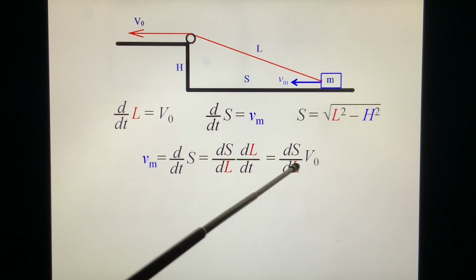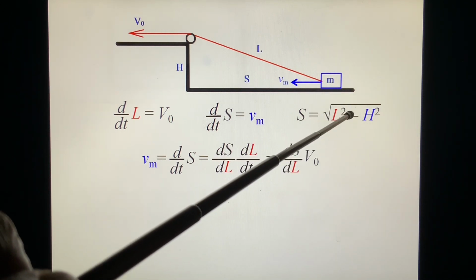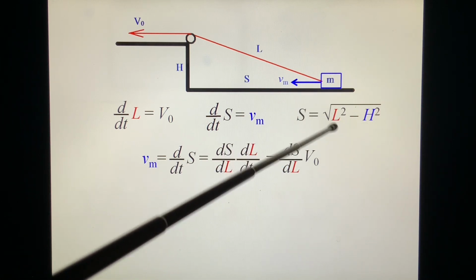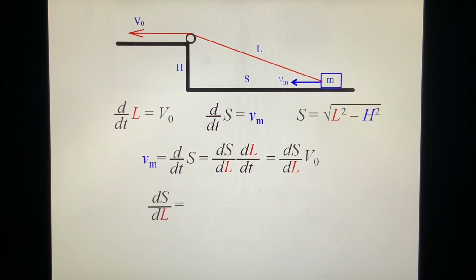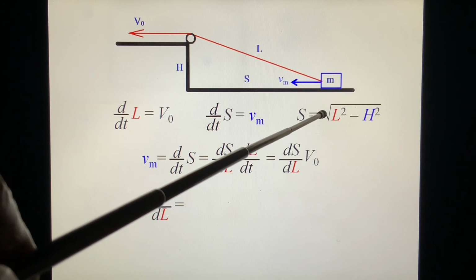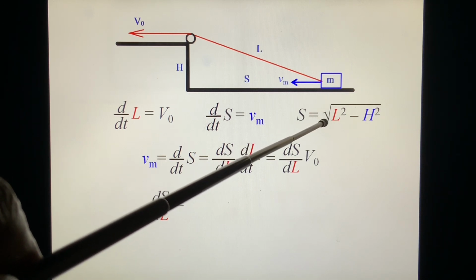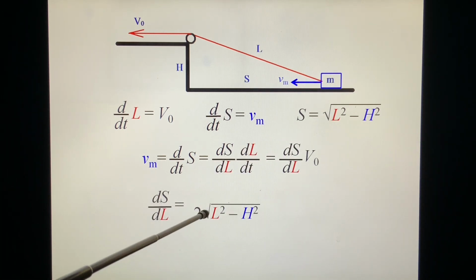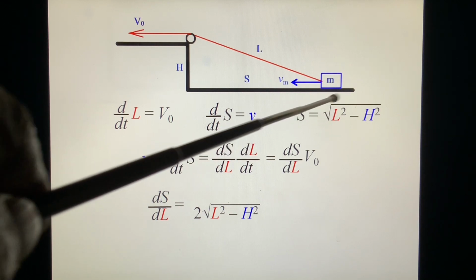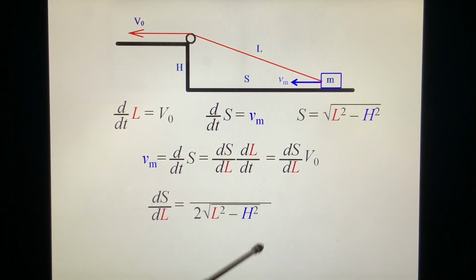Now, let's see what ds/dr is. We take the derivative of S relative to R. This is equal to half, half minus 1, because minus half 1 and the 2R. This is a very simple one. We get R over S. This is R, this is S.